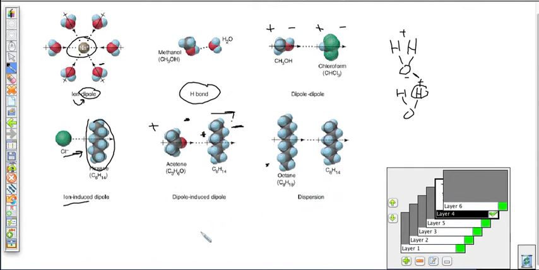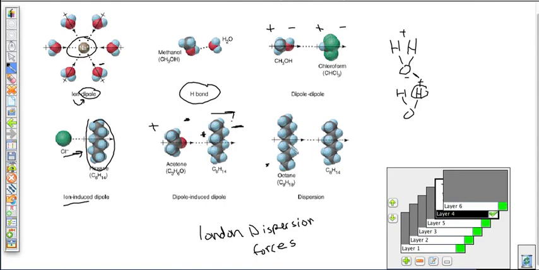Dispersion forces, also called London dispersion forces, are the weakest of all the intermolecular forces. Most of the gases that are always gases at room temperature have a very, very low boiling point, and those are going to be London dispersion forces.